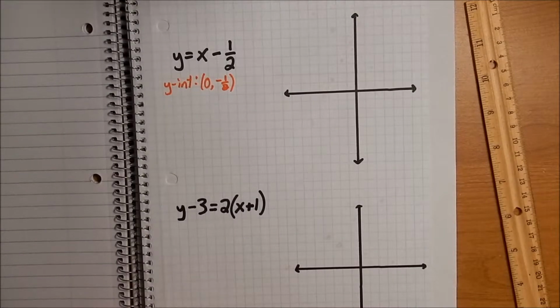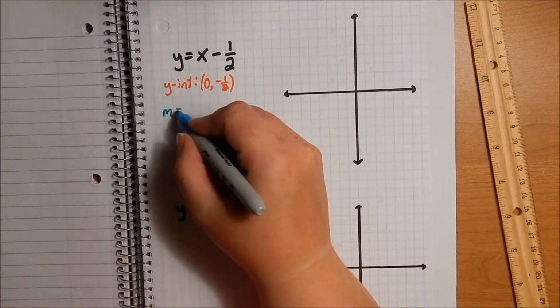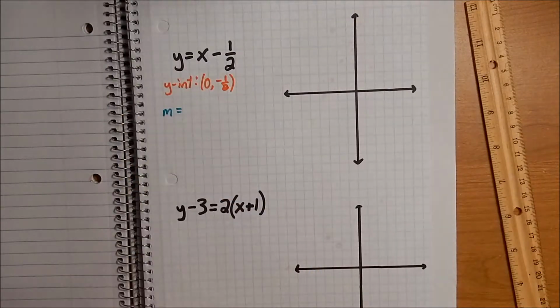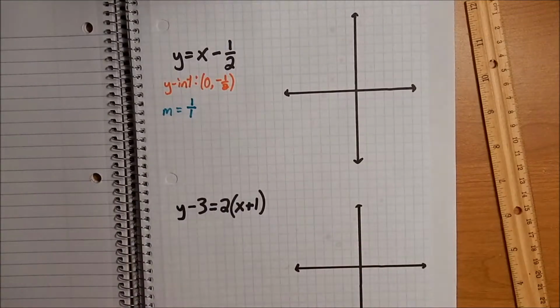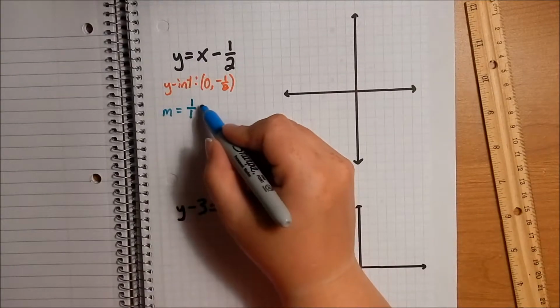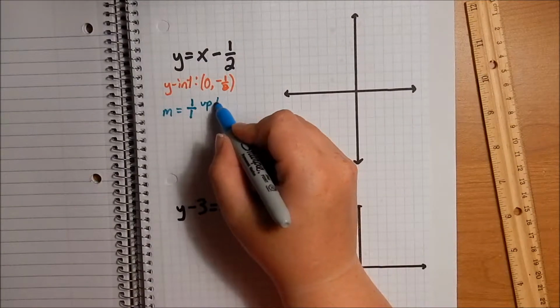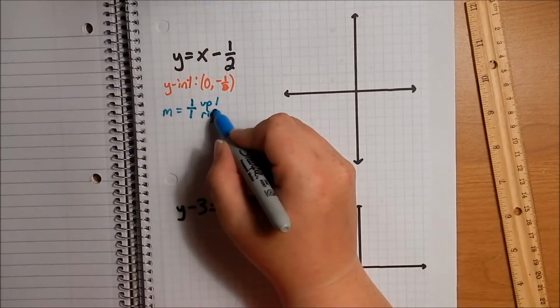And let's go ahead and figure out our slope. So we talked a moment ago. What number is there if there's not a number written there? If you said 1, you're correct, and we can write 1 as a fraction by doing 1/1. So this tells me I'm going to go up 1 to the right 1.